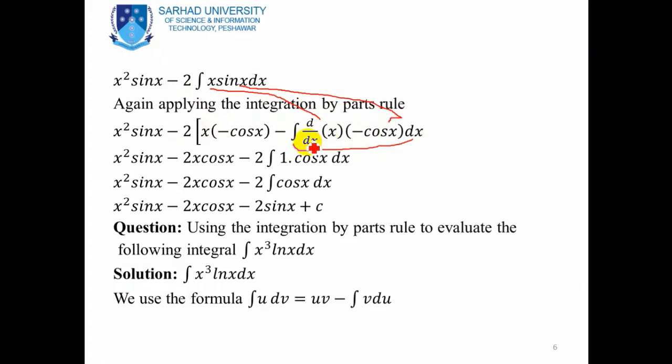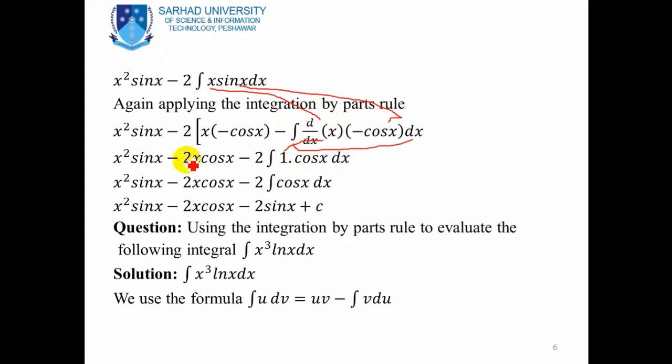In this segment, you see over here, we take the derivative of the first function and the integration of the second function. After that, we again integrate the obtained result. The derivative of this function is 1 and the integration of sine is minus cos.